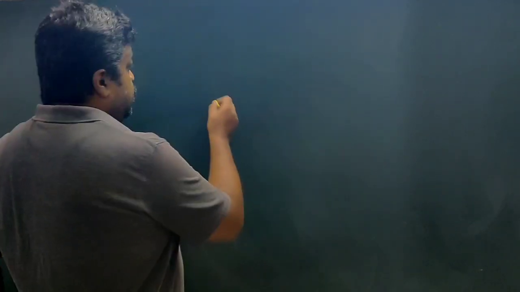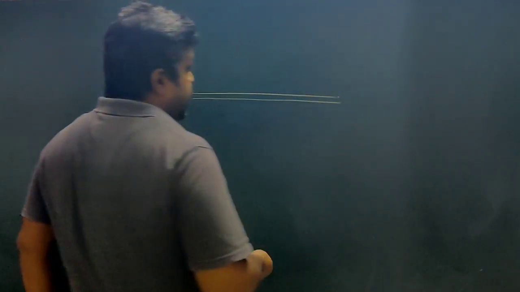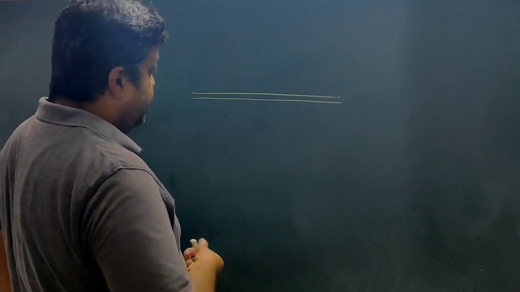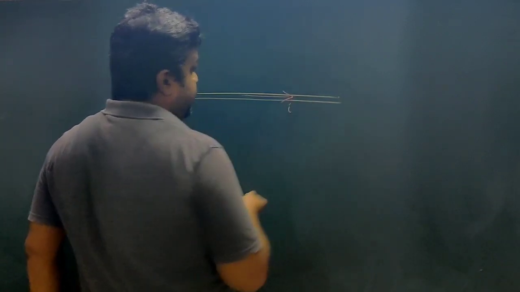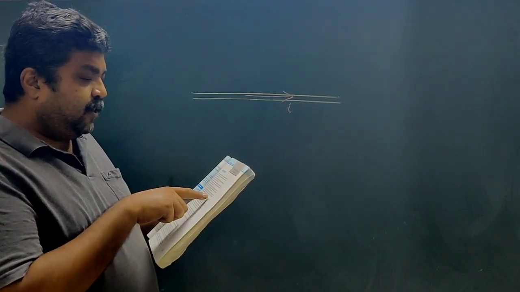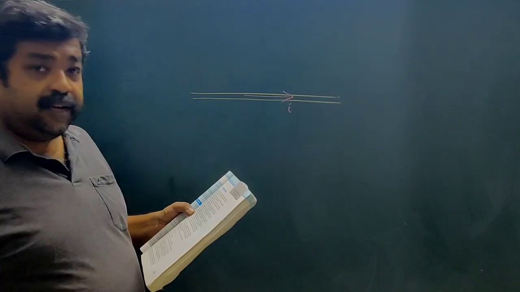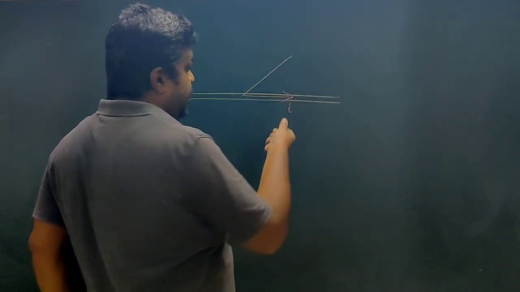Suppose this is the wire, carrying current I in this direction, and the wire is making an angle of 30 degree with the direction of the uniform magnetic field.